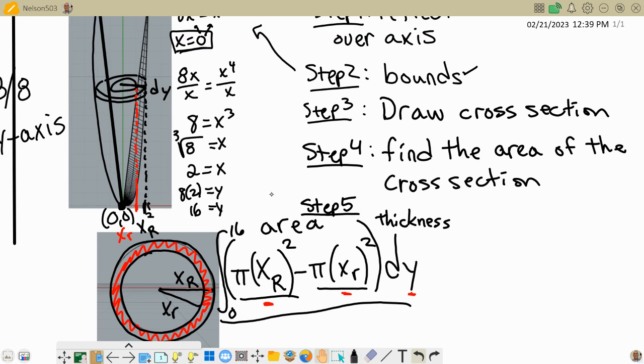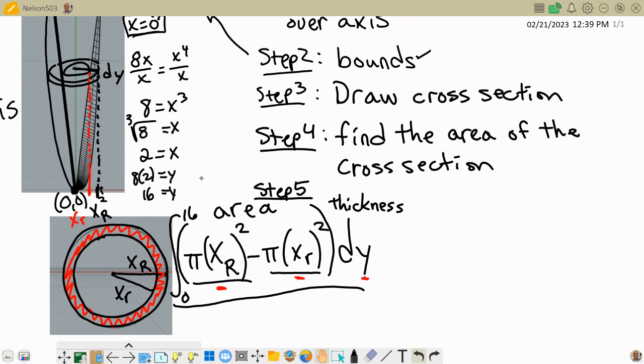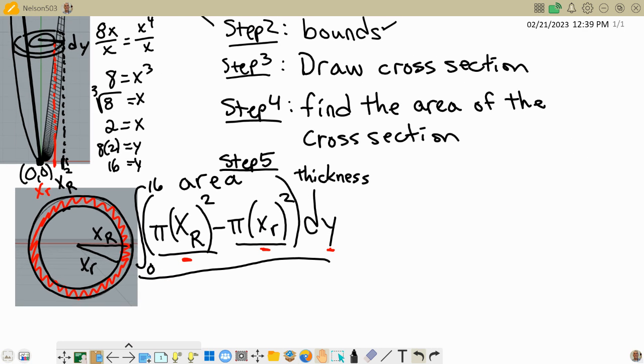And so I look back at my equations up here, my 2 equations. One was 8x, so we had our 8x equation, and we had our x to the 4th equation. And I'm going to take those and I'm going to solve them for x. So let's do that real quick. We had y equals 8x, and we had y equals x to the 4th power.